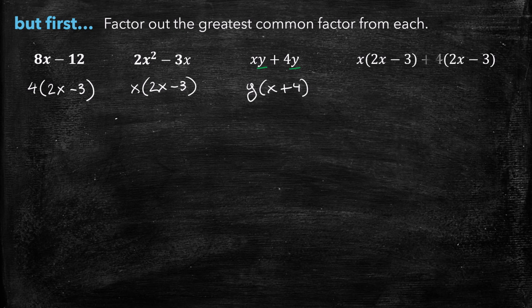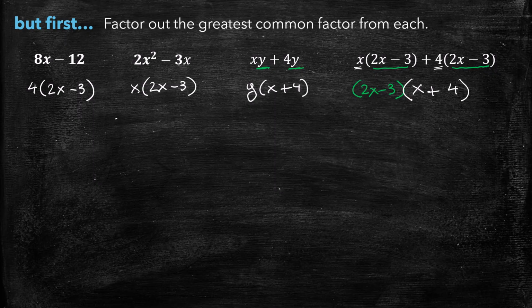And finally, this is a very important connection to make. Notice that 2x minus 3 is common to both expressions. And think of 2x minus 3 as just being y in the scenario before. So you can factor out 2x minus 3. And what are you left with? Well, you need to get 2x minus 3 times x in one scenario, and then you need to get 2x minus 3 times 4 in the other.